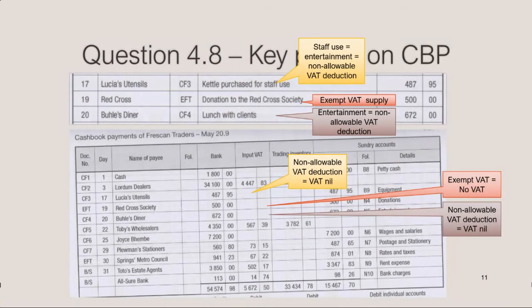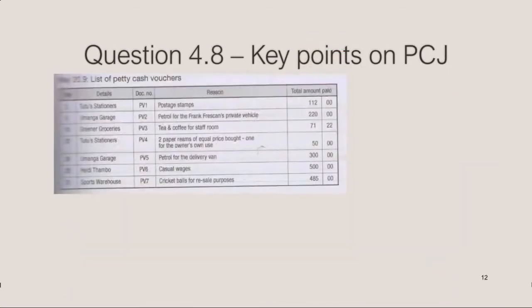Okay, for the other ones, there was input VAT that you could claim. It's just for the ones that relate to entertainment or specifically that is excluded from VAT that will have no VAT component. Then on the petty cash journal, what you had to see there is petrol for Frank Freskin's private vehicle. Because it's for his own personal use, it is seen as a drawing.